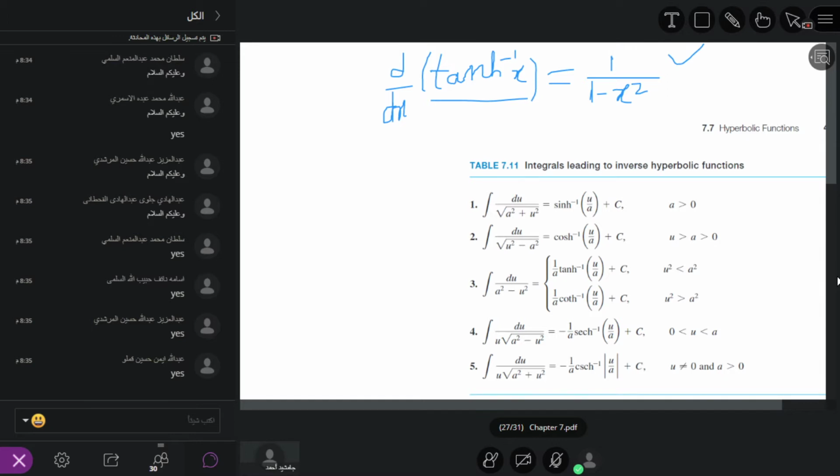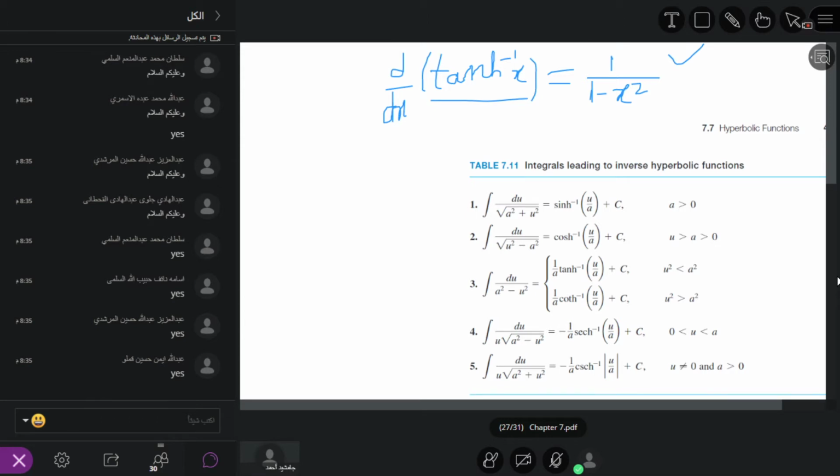In the next part, if we find the integral of 1 over a square minus u square, it is equal to 1 over a cotangent hyperbolic inverse u over a plus constant.